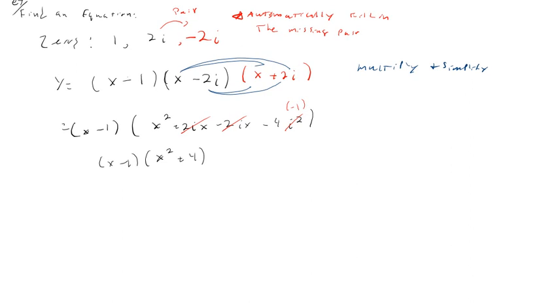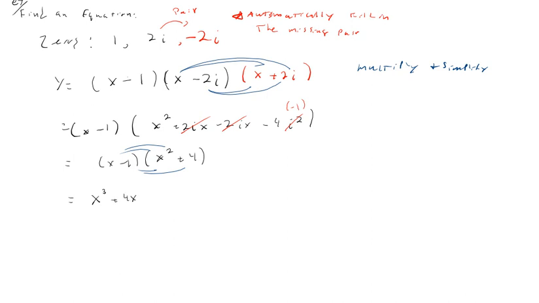X times 4 is plus 4x. Negative 1 times x squared is negative 1x squared. And negative 1 times 4 is negative 4. So multiply these pieces together and get your polynomial. And this is our answer.